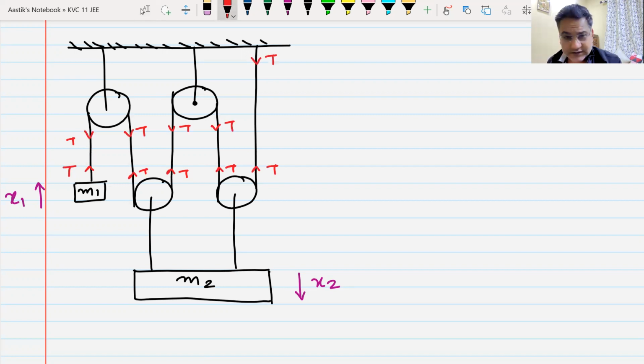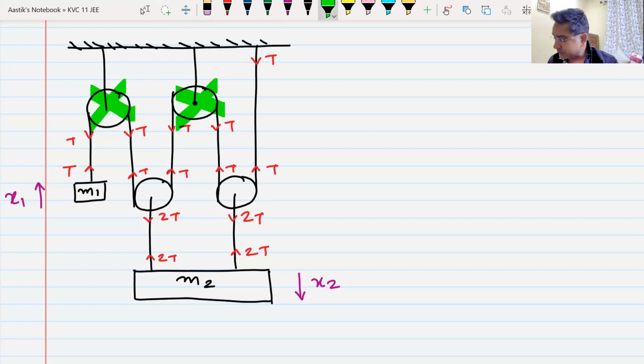Now, once you have drawn the tension in the first string, I can draw the tension here, 2T. Now, to find out the string constraint, you must understand that this pulley does not move. This pulley moves, but tension upwards and tension downwards are same. The pulley is massless. Don't have to think about the constraint of this.